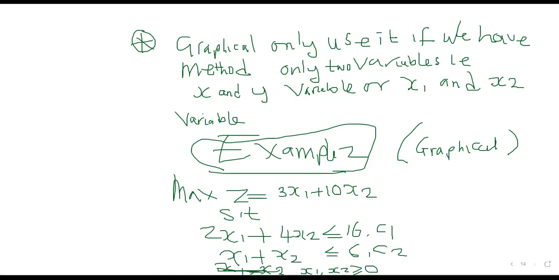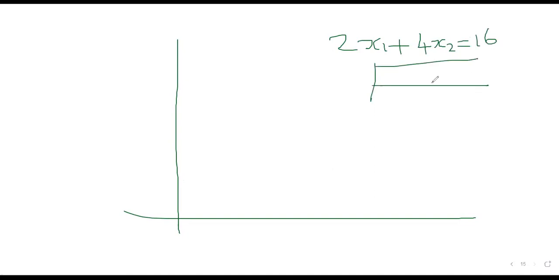And how do we graph? We'll simply come up with our x and y. So 2x1 plus 4x2 is equal to 16. So a table of values is important. x1 and x2. If this is 0, this will be 4.